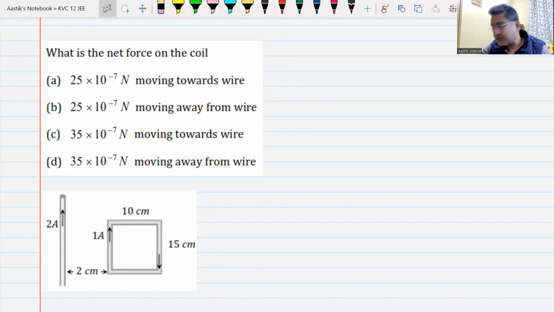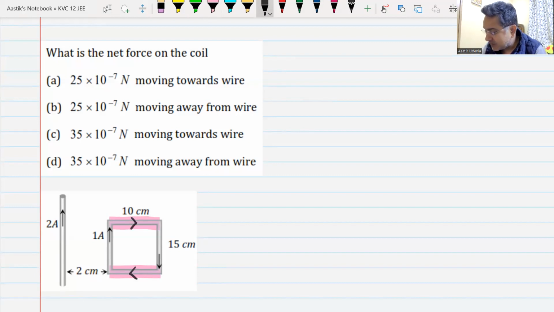How are you supposed to do this? First of all, remember, these two pink wires are placed in a non-uniform magnetic field because the magnetic field changes. These two wires will experience force.